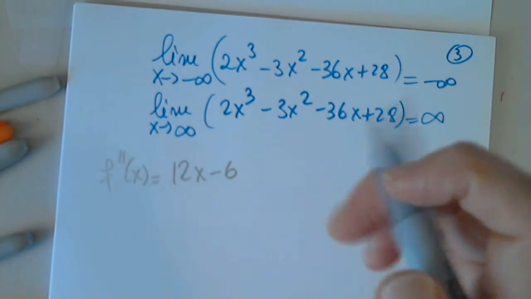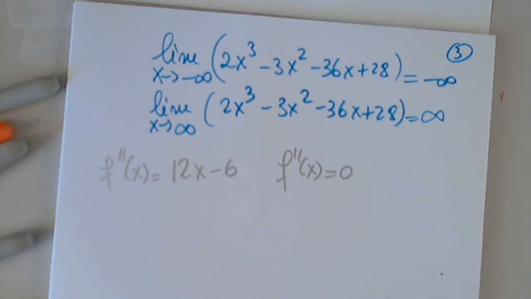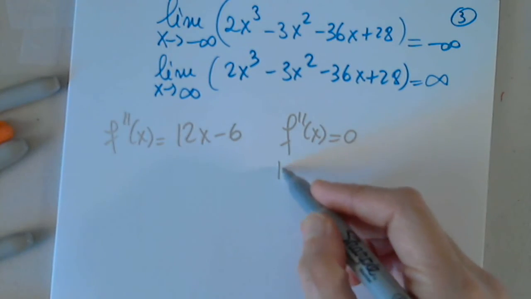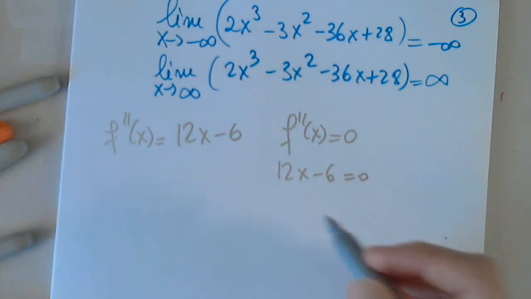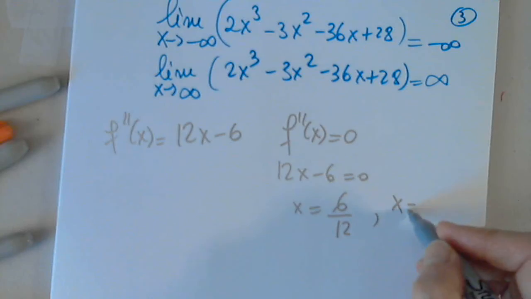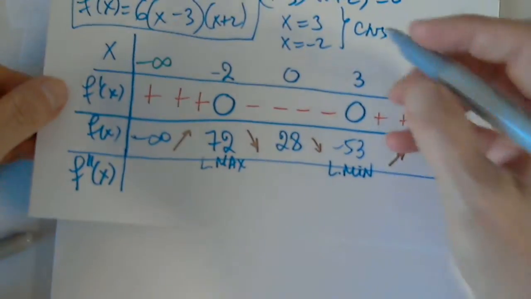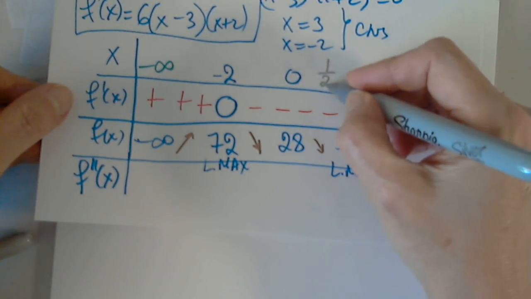At this point, I will set the second derivative equal to 0, and I'll explain why. So let's find x equals 6 over 12. But I'm going to simplify it to 1/2.